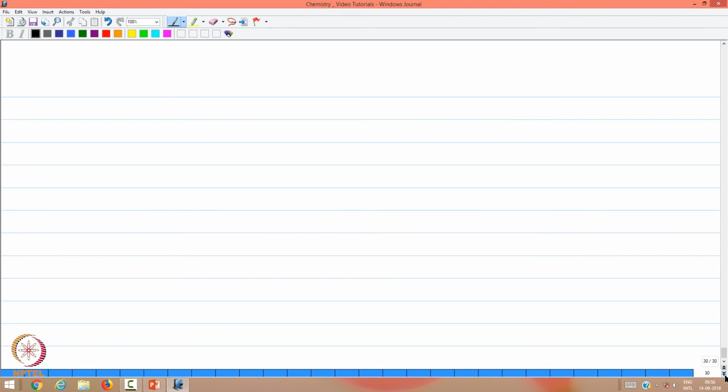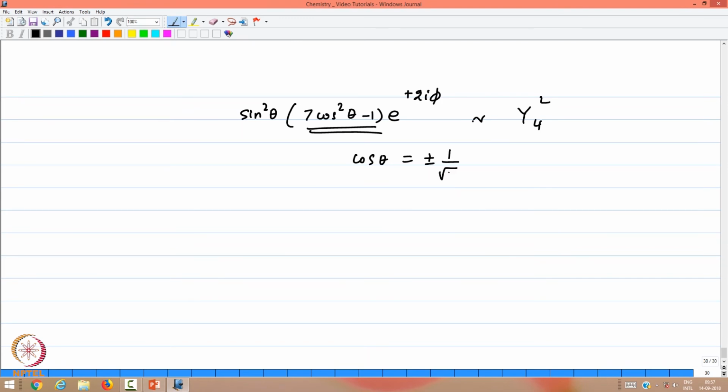What about the nodes for, again one more example I will do, the example of sine square theta 7 cos square theta minus 1 e to the plus 2 i phi. This is y 4 2. Okay. Now, 7 cos square theta minus 1 goes to 0 when cos theta is plus or minus 1 by root 7.